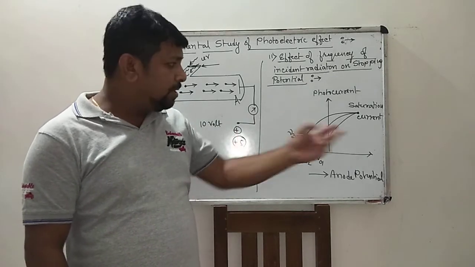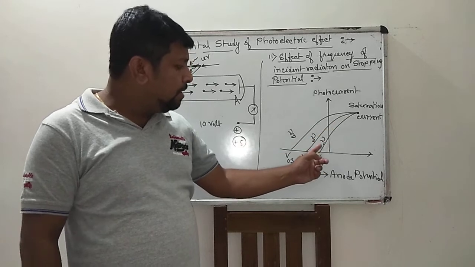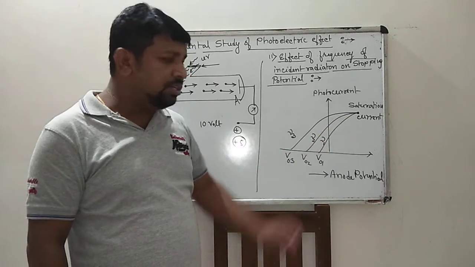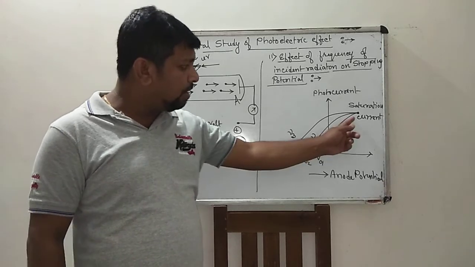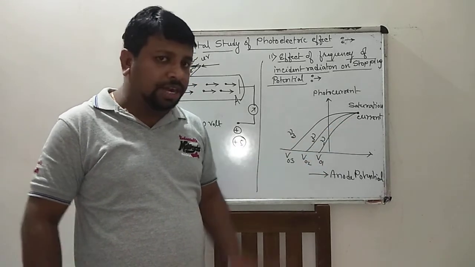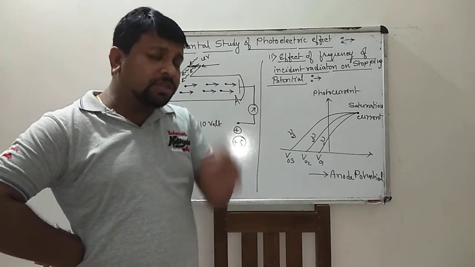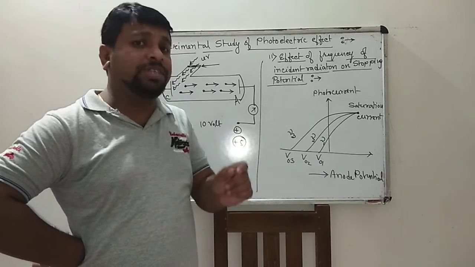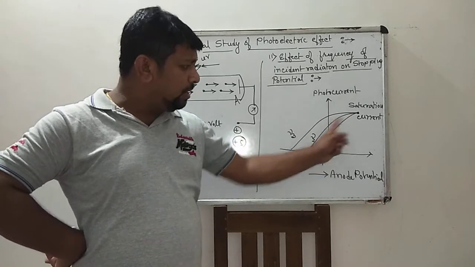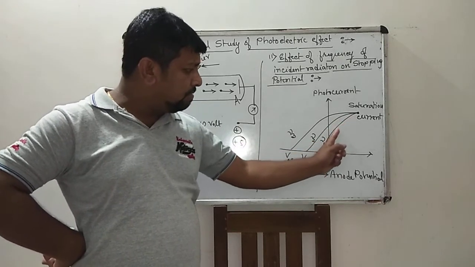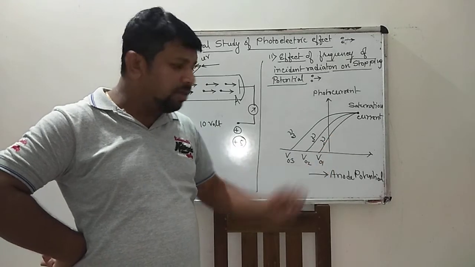Suppose this is a definite frequency of incident radiation, nu1, for a certain intensity. We get a graph like this. This is the saturation current. Here the intensity is constant. For a definite intensity and definite frequency, we get this first graph.